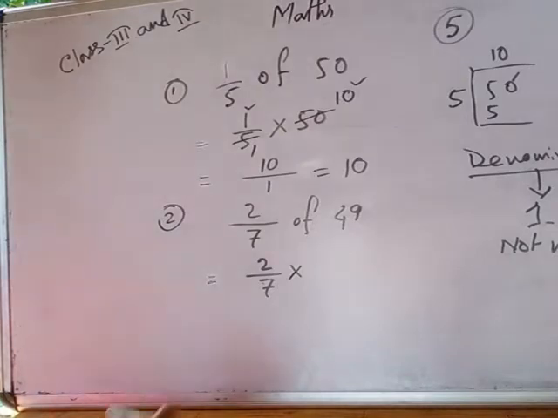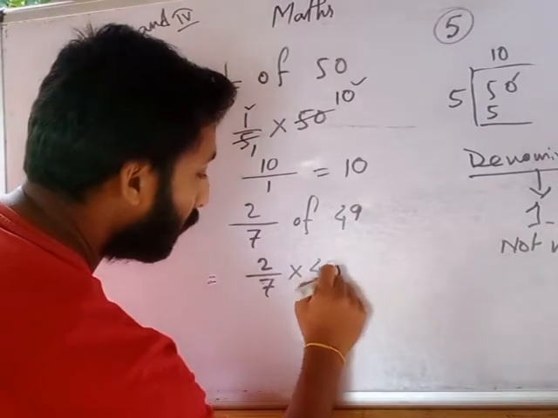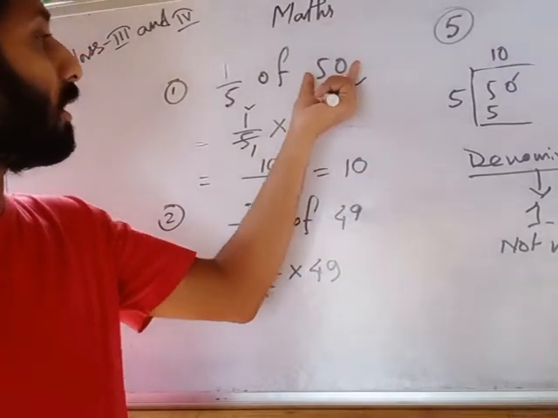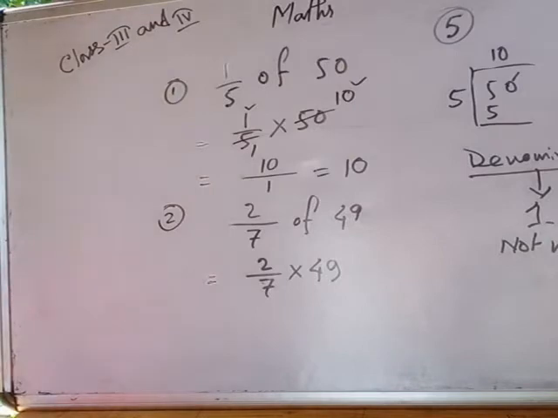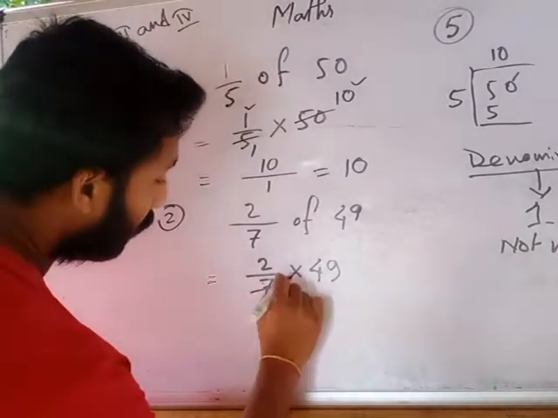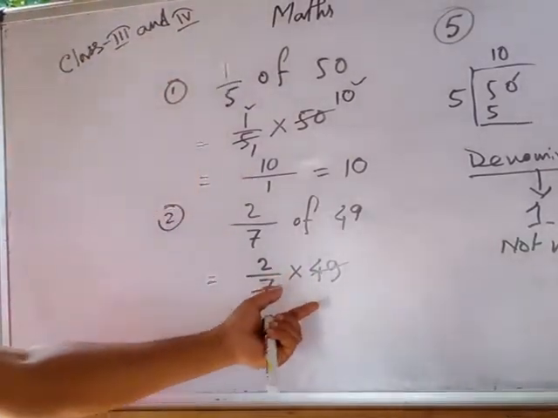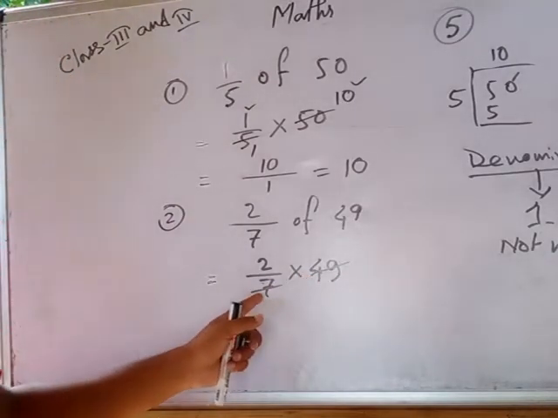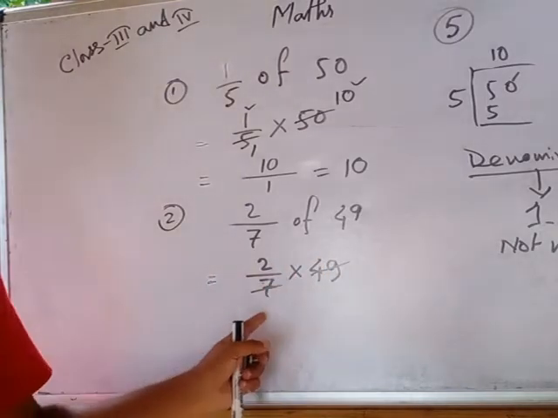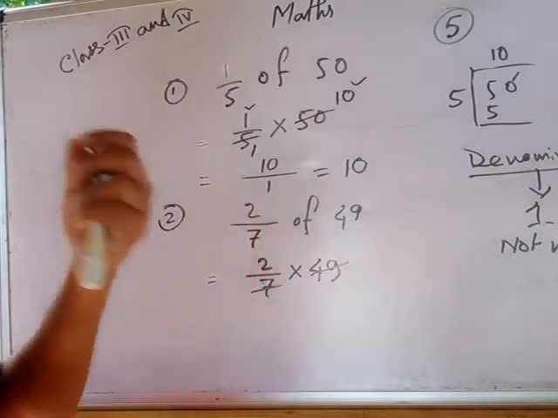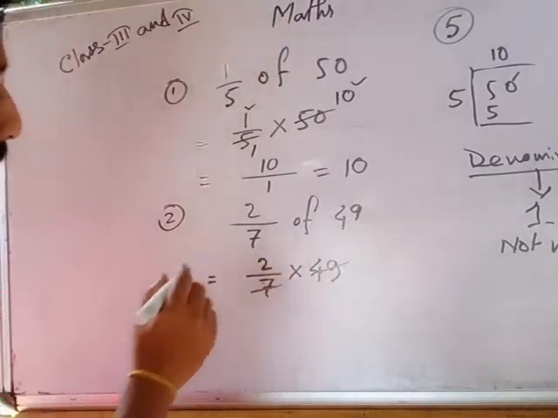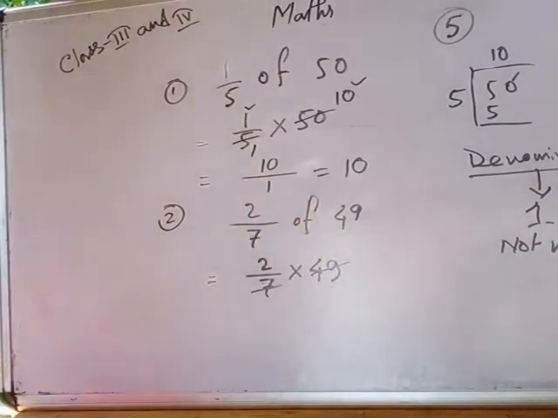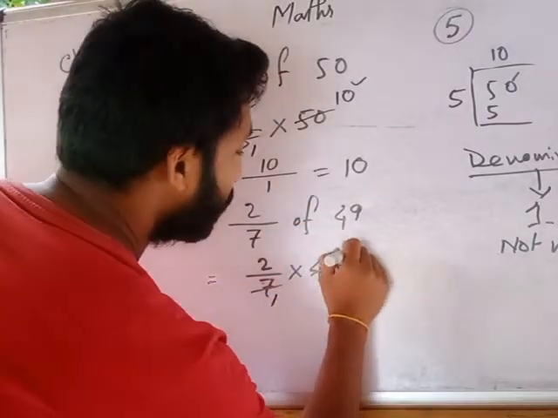If it is only 49, it goes as the numerator. If it is possible, we should divide the numbers: both numbers can be divisible by the same number. 7 ones are 7, 7 sevens are 49.